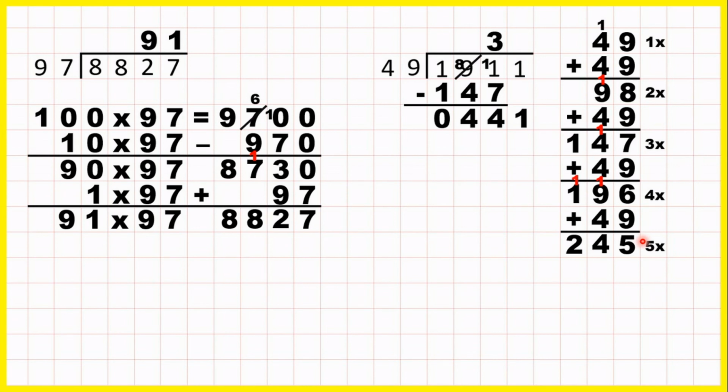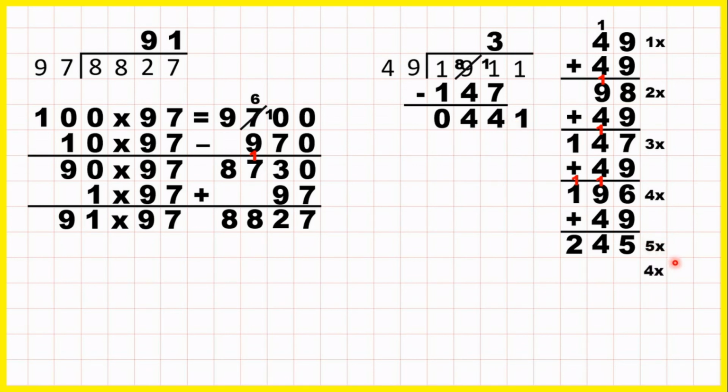Now 441 is a lot more than 245, so if we keep on adding 49s, it's going to take us a very long time to get to 441. So what we can do instead is estimate. Remember, 10 times is going to be 490, so I would guess that 441 is about 9 times.